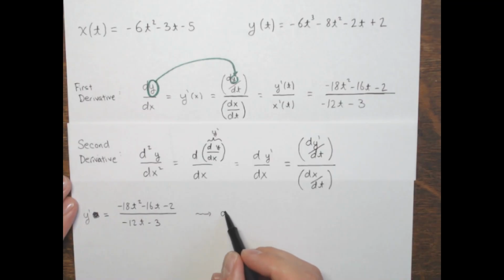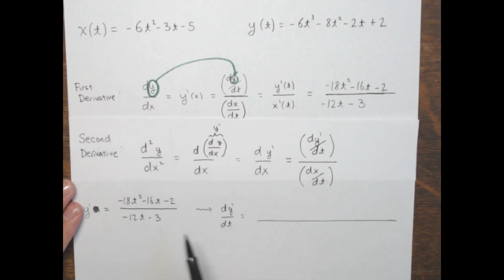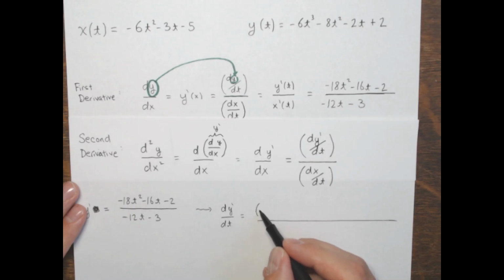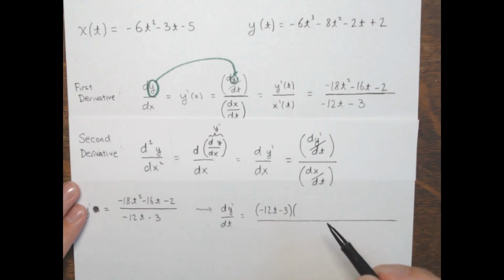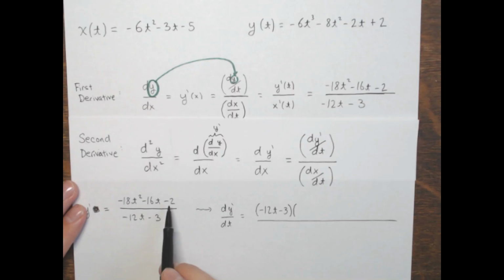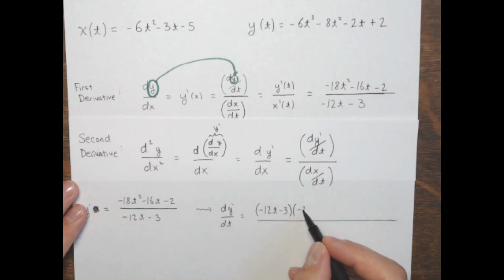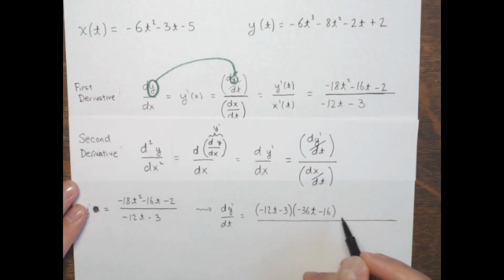All right, so the derivative of y prime with respect to t, it's a big thing for the quotient rule here. All right, it's the denominator, so negative 12t minus 3 multiplied by the derivative of the numerator. And that would be negative 36t minus 16.